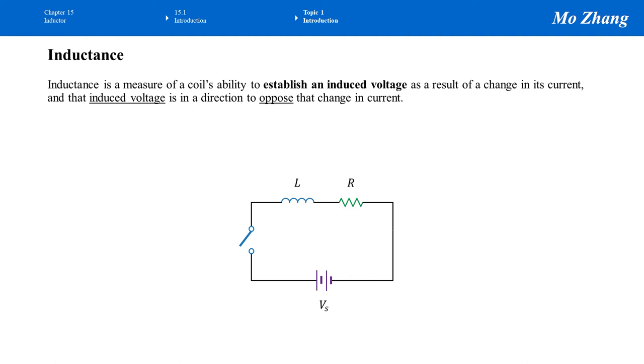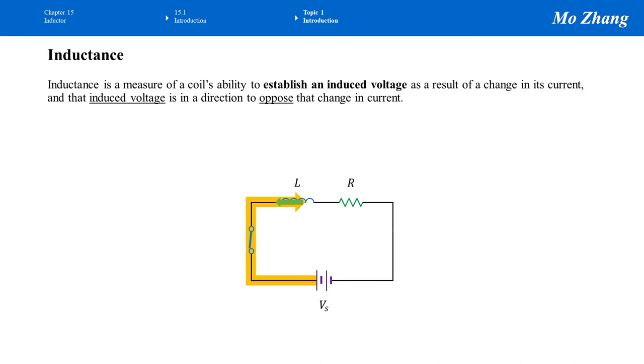This animation shows how it works. As soon as we close the switch, the electric current starts to flow out from that positive terminal. It continues flowing through the circuit, and now it enters that inductor.